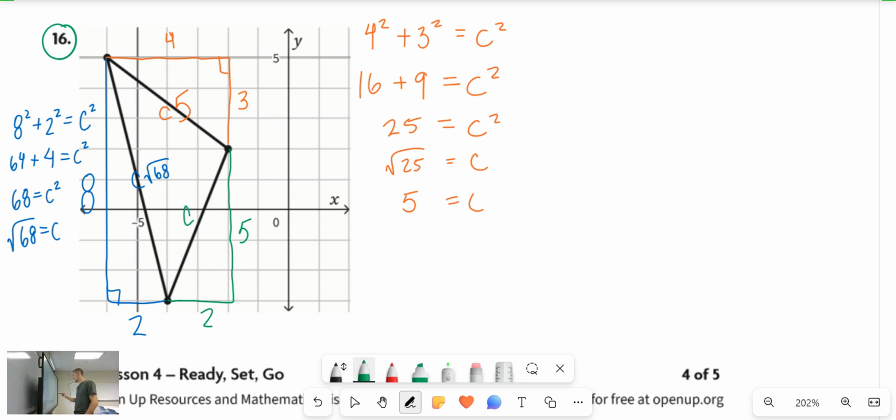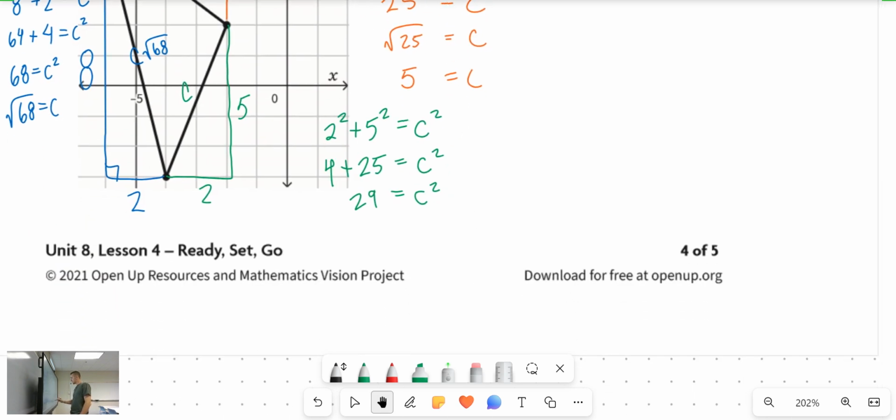And you guessed it, we're going to use c again. 2 squared plus 5 squared equals c squared. 4 plus 25 equals c squared. 29 equals c squared. And then c equals the square root of 29. So this is going to be the square root of 29.